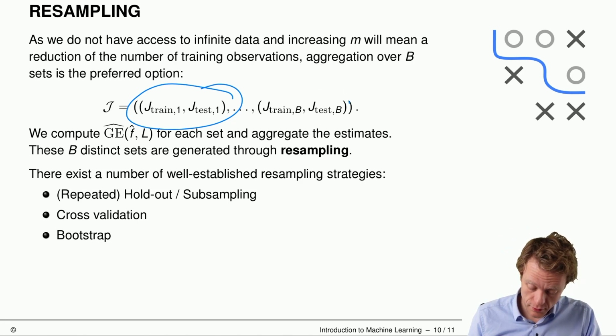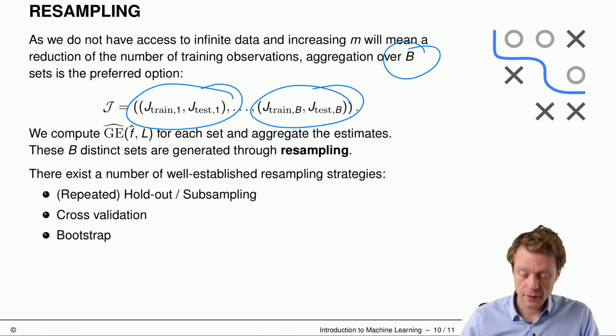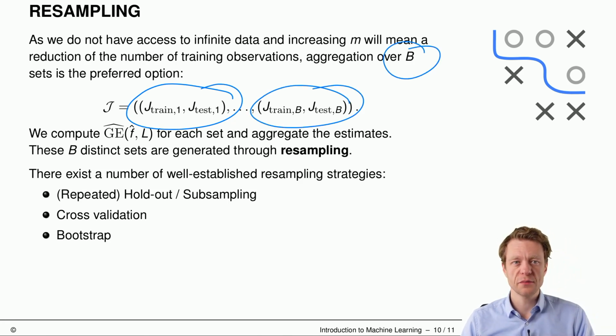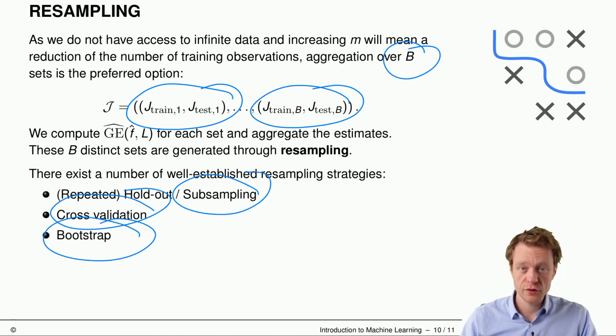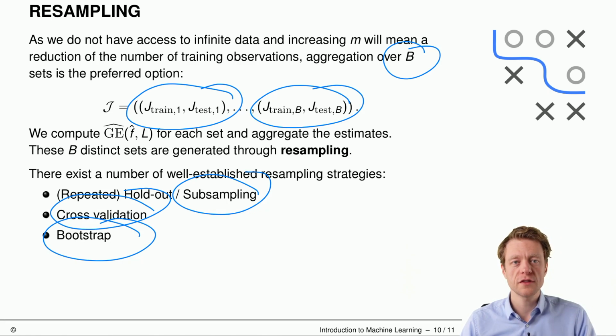We do several train test splits, perhaps in total a number of B train test splits, via subsampling, cross-validation or bootstrap, which you will all see later in more detail. Then we compute the estimate of the generalization error for each test set and aggregate the estimates. This stabilizes the estimation of the generalization error also for small data sets.